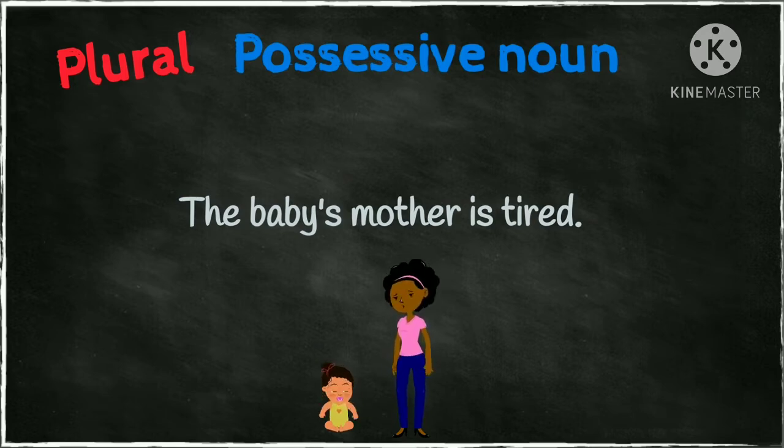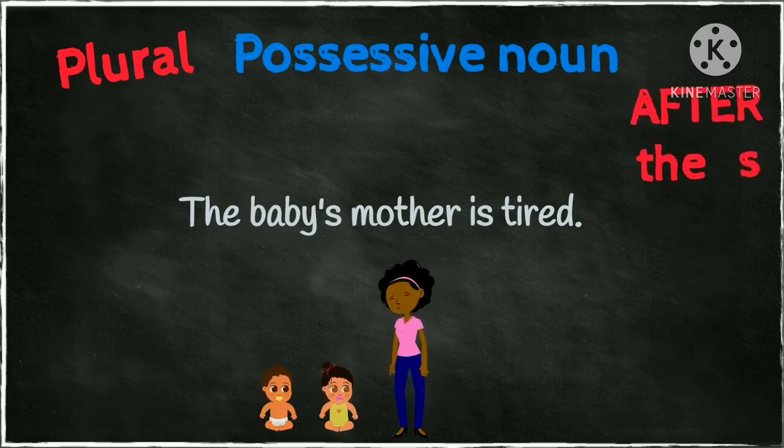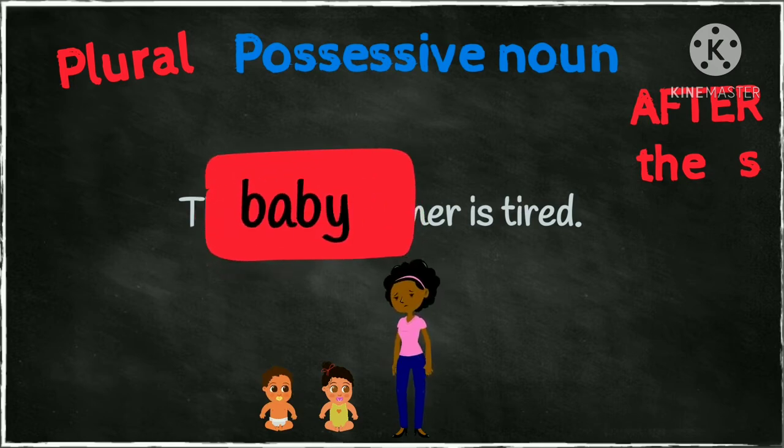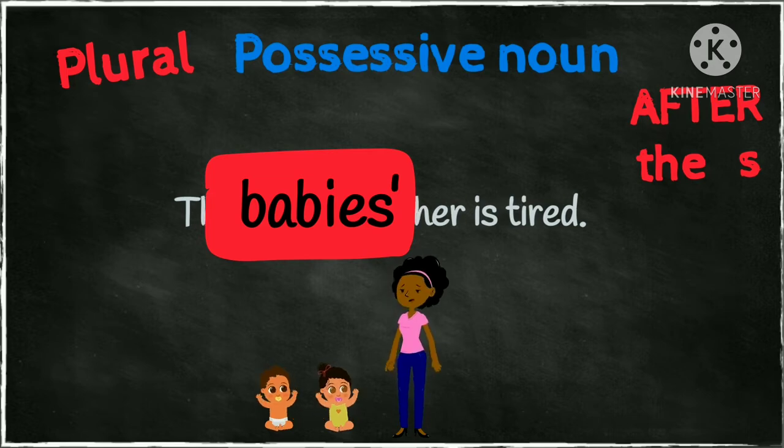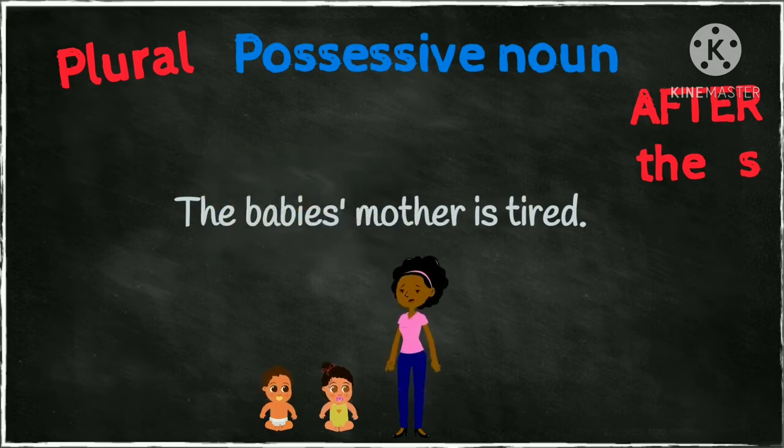If the mother belonged to more than one baby, we would need to place the apostrophe after the S. And now that we're writing the plural form of the word baby, we'll need to change the Y to an I and add ES. Then we put our apostrophe after the S. This sentence now shows that the mother belongs to more than one baby.